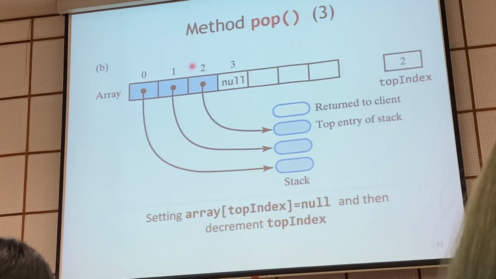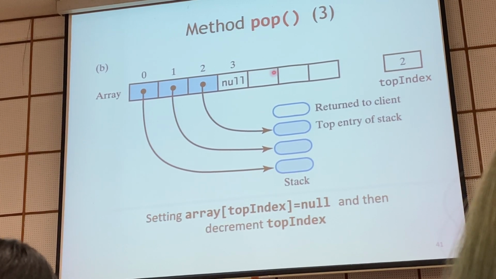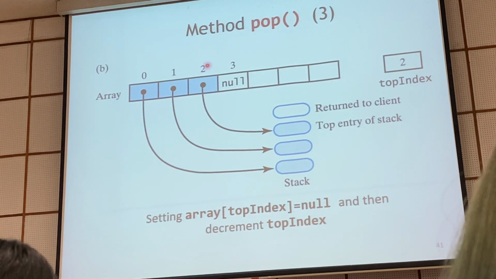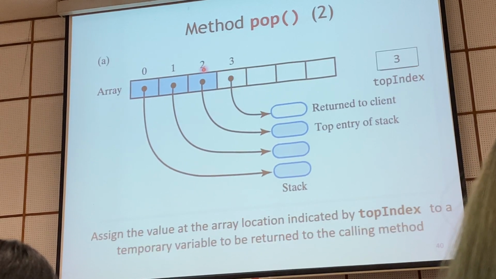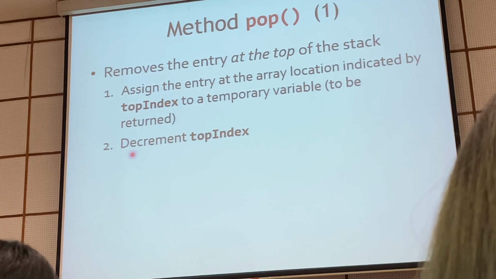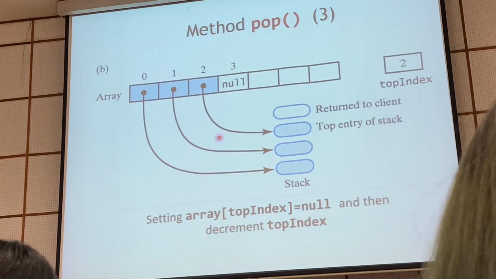You understand? So our 3 is already no data now. The new top index is 2. That's why we need to decrement the top index.